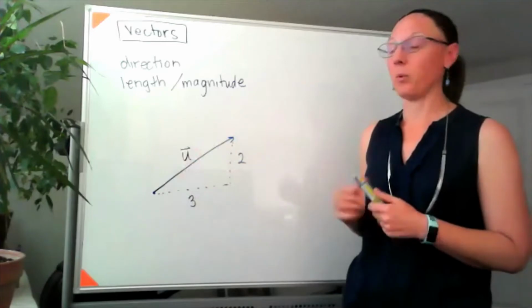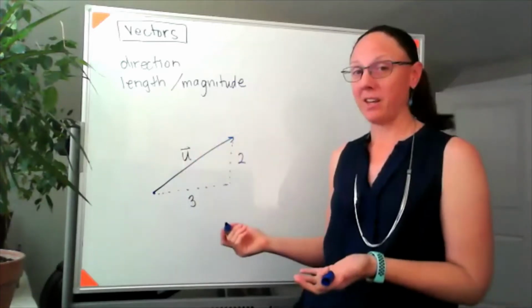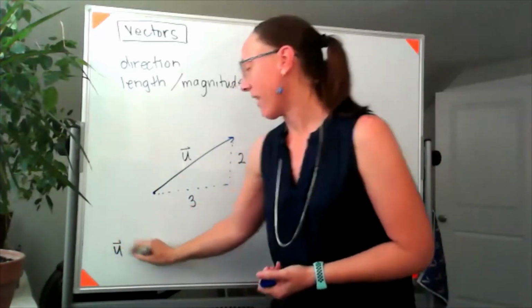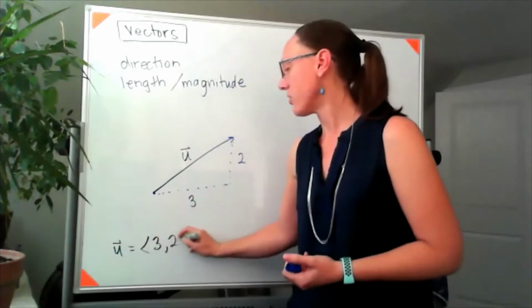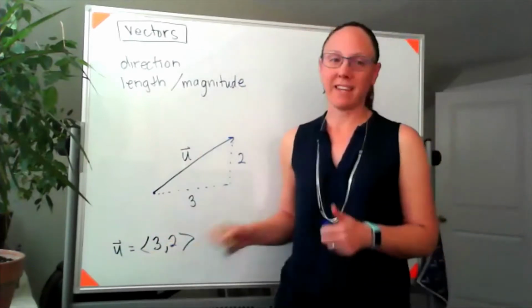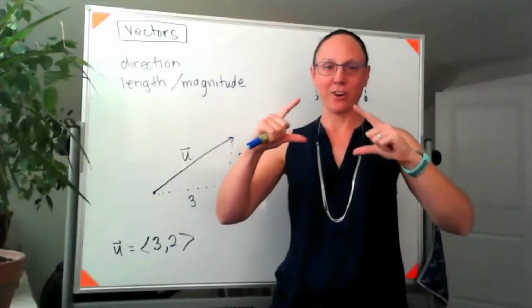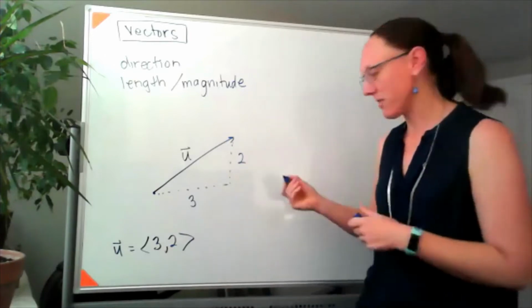So if I were to write this vector out mathematically, I've got a bunch of different options. I could say that vector u is equal to <3, 2>, in angle brackets, like a less than, greater than symbol. This is often notation that's used for vectors.